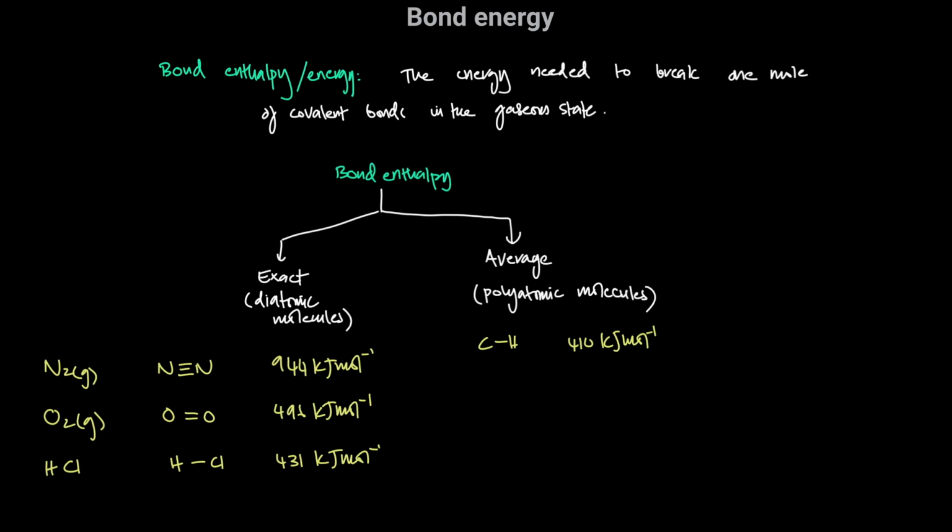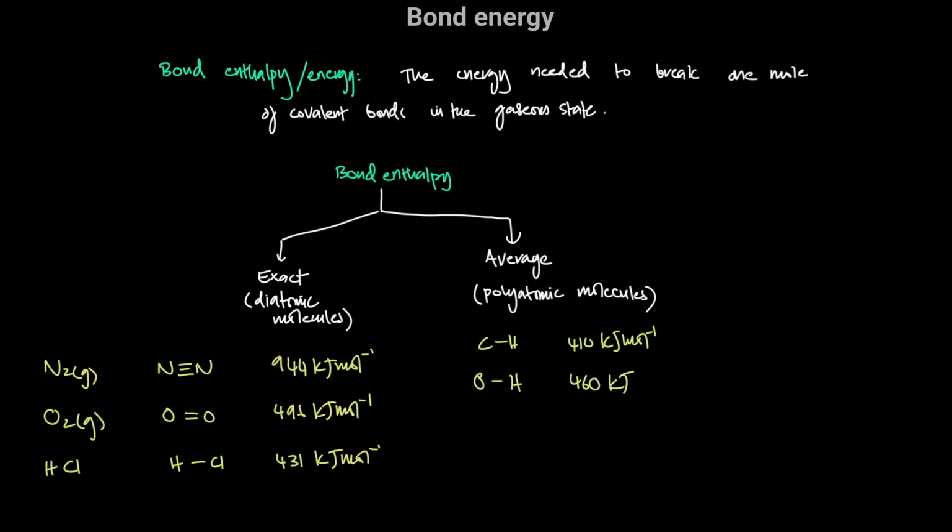So for example, we have H2O, something like methanoic acid, something like methanol. The OH bond energy is going to be different for each of these molecules, but in the data, again, these are all polyatomic molecules, the value will be reported as 460 kilojoules per mole.